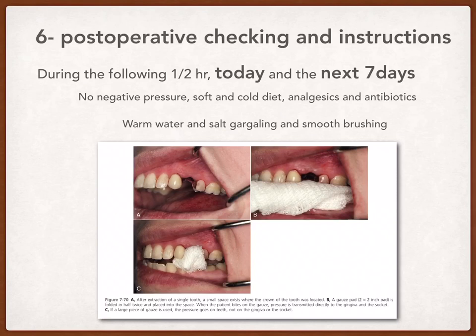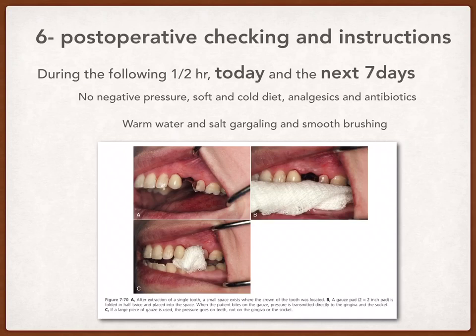Negative pressures are produced when the patient smokes, sucks a straw, or sneezes, or anything that will apply much pressure in his oral cavity that will pull the clot from its place, leading to the most common complication after tooth extraction, which is the dry socket.